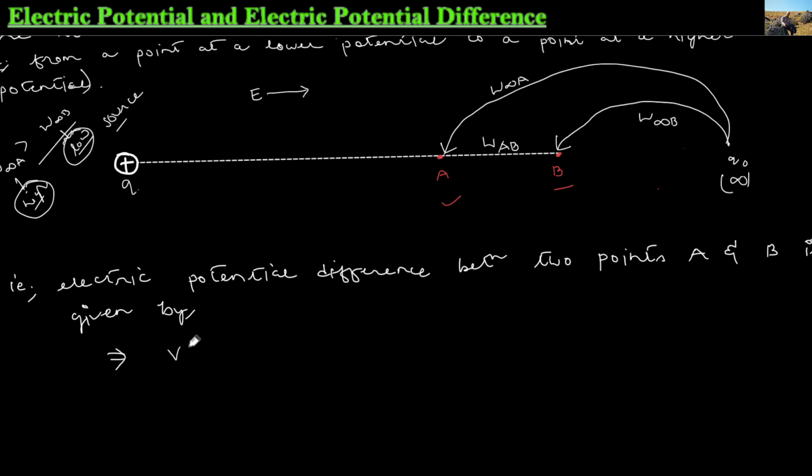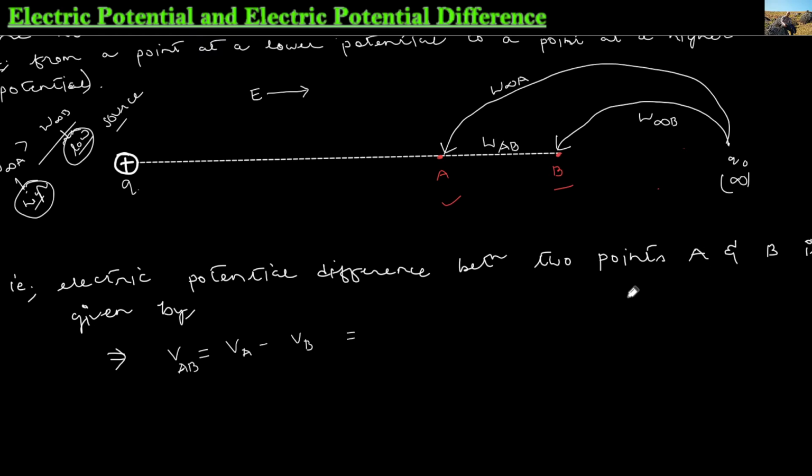Suppose V is that potential, then in general we write WAB, the work done in moving the charge between these 2 points A and B. So from here, this will be VA minus VB. So what is the potential at point A?